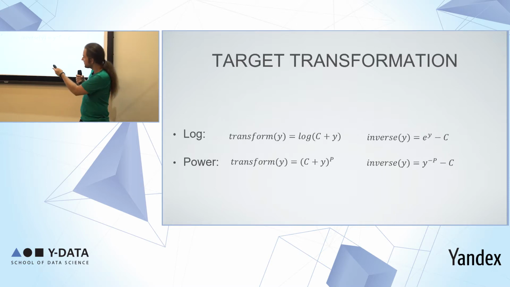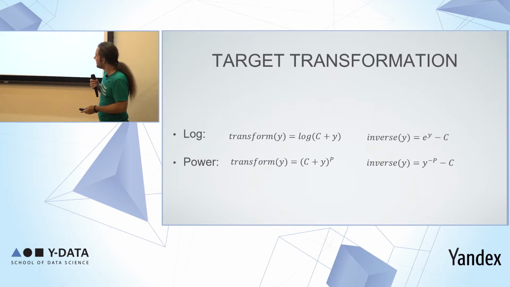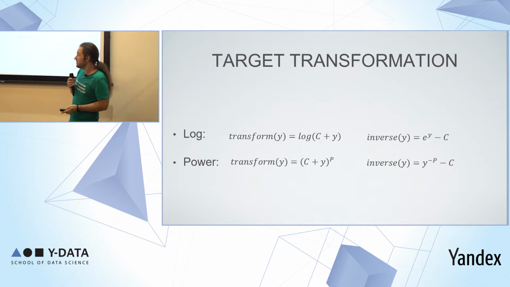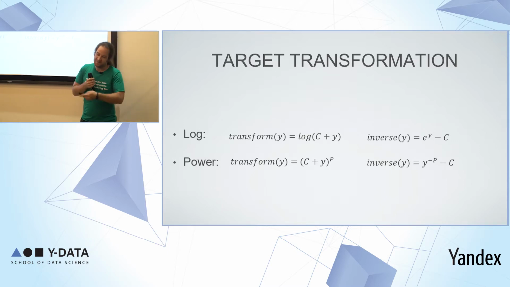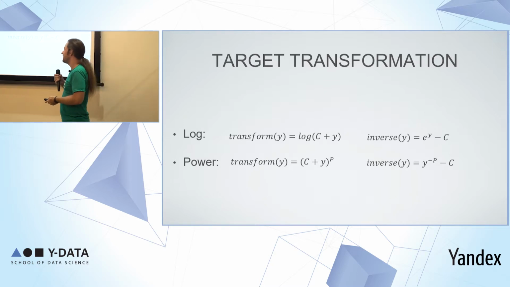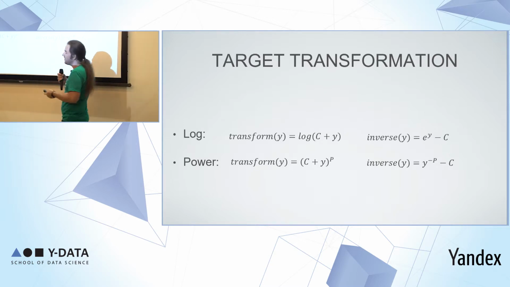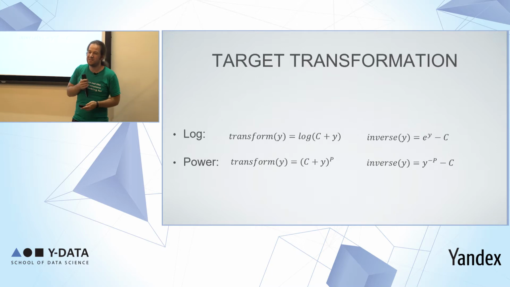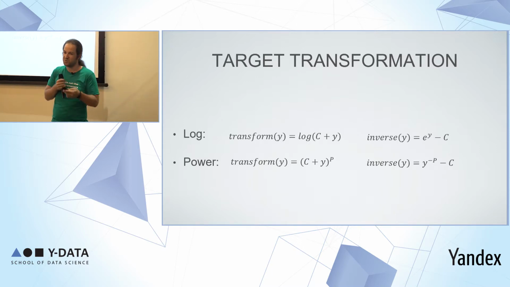So from the transformation of the target, we want to unskew the distribution. And usually it can be done for many distributions with either logarithm or power. And the parameters you can try to tune. For my benchmark, I just took some examples from the top solutions of participants.